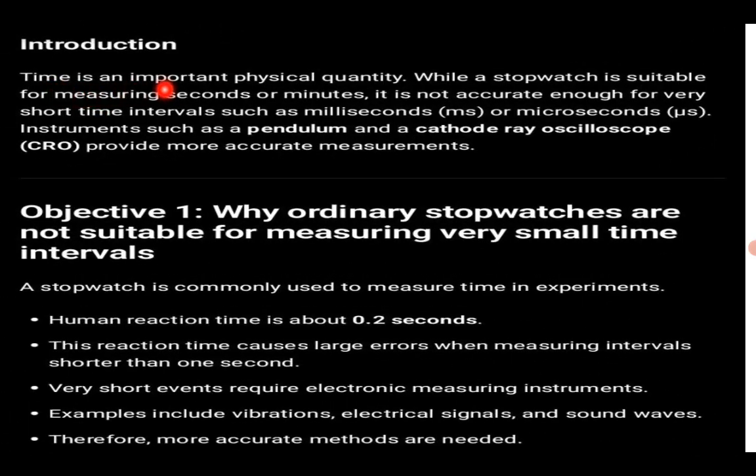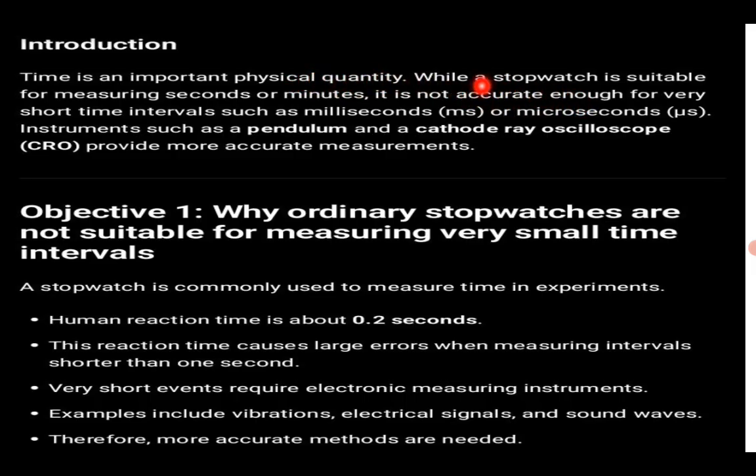Recall that time is one of the basic quantities in physics, and it is such an important physical quantity. Basically, time is the duration between two events, measured in minutes, seconds, and the other units of time, such as milliseconds and microseconds.